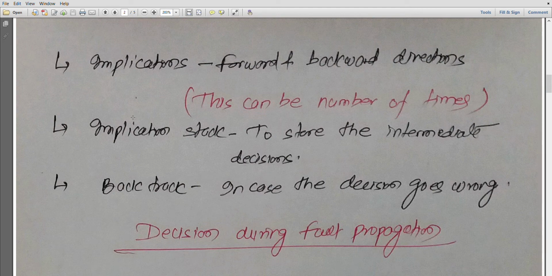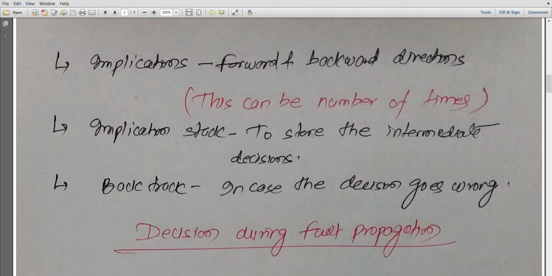Okay, so the implication stack. The implication stack is nothing but a place to store intermediate decisions. Suppose I am going through a circuit with some combination of AND and OR gates, and somehow I made a wrong decision in between, and I have to come back to the previous decision point and change it. In order to change that, it has to be stored somewhere, and only then can I change it.